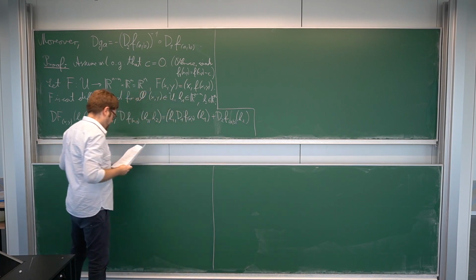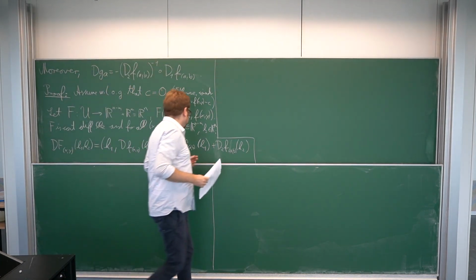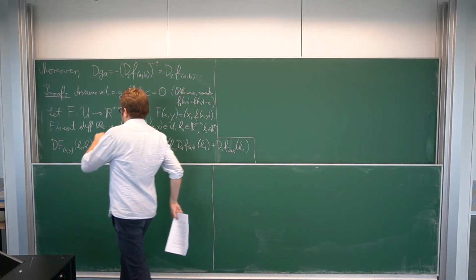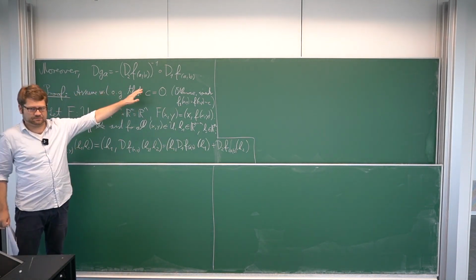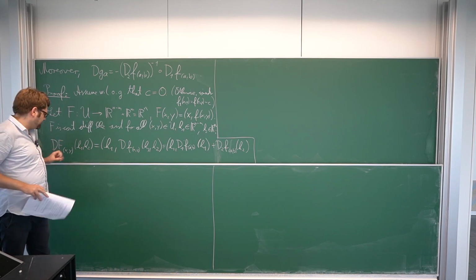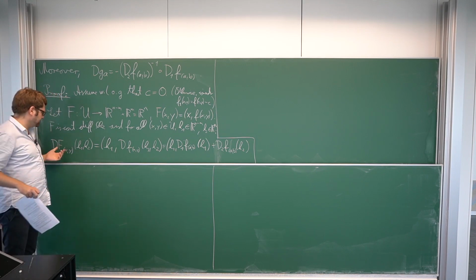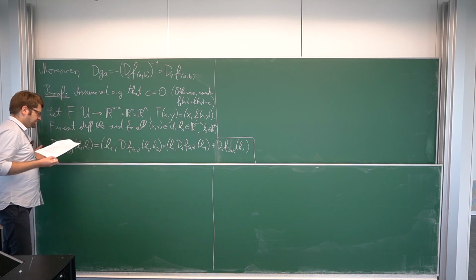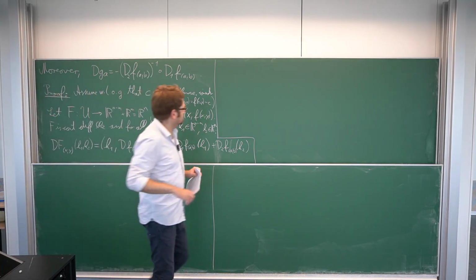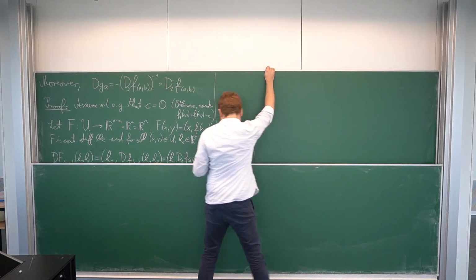Now, what we need to apply the inverse function theorem is that the differential is an isomorphism at some point, and that point is, of course, (a, b). Now, we need to show dF(a, b) is an isomorphism, and since this is a linear map between R^n and R^n, it suffices to show that it's injective or that it's surjective, and we will show the surjectivity in this case.